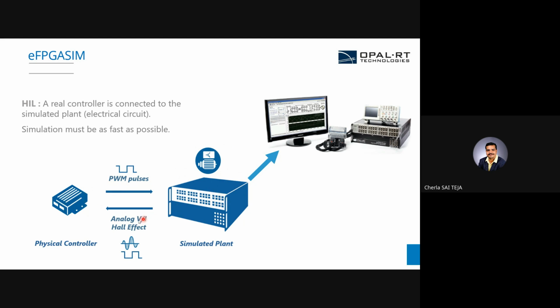That is the analog voltage or current feedback, along with the speed feedback. You can have a Hall effect based sensor or encoder for sensing the actual speed of the motor. So in order for the controller to generate high switching frequencies, this feedback should be provided in an appropriate time.